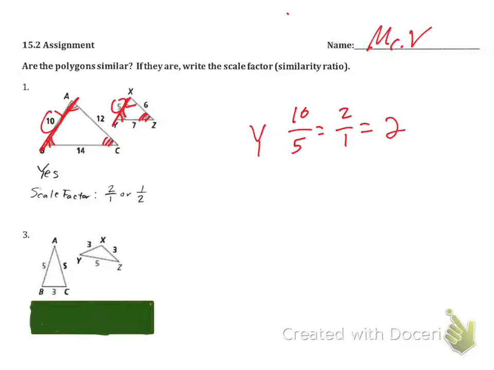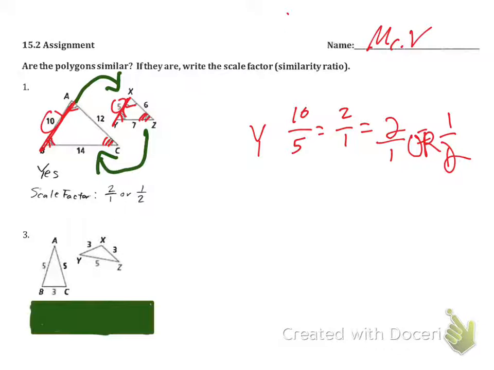Going from this one to this one is 1/2 because it's cutting it in half. This one to this one is increasing it by 2. So you can take this 2 over 1 and flip it to be 1 over 2.